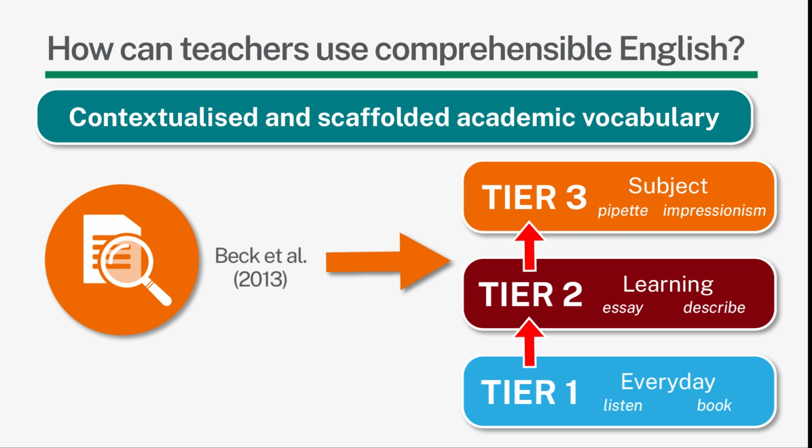Tier 3 words are those that are specific to a subject, for example, impressionism in art or pipette in science. Certain words can appear in more than one tier and need to be taught explicitly. Older learners, who are in the earlier band, will have significant gaps in tiers 1 and 2, and these will need to be explicitly taught.